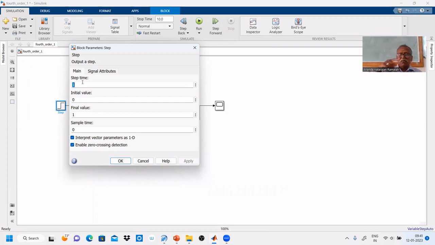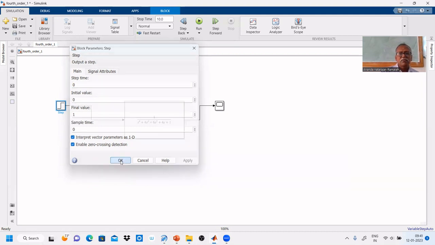A 5% increase we gave, a step change, to get the reaction curve. Same thing we have to give here. That's why step time is 0. At what time are we giving it? At t equal to 0 we are giving. Initial value is 0. Final value is 1. So a unit step input is given.